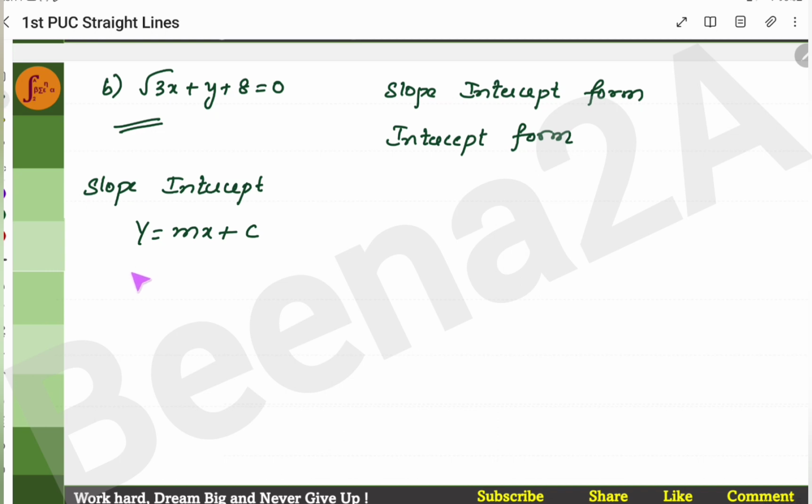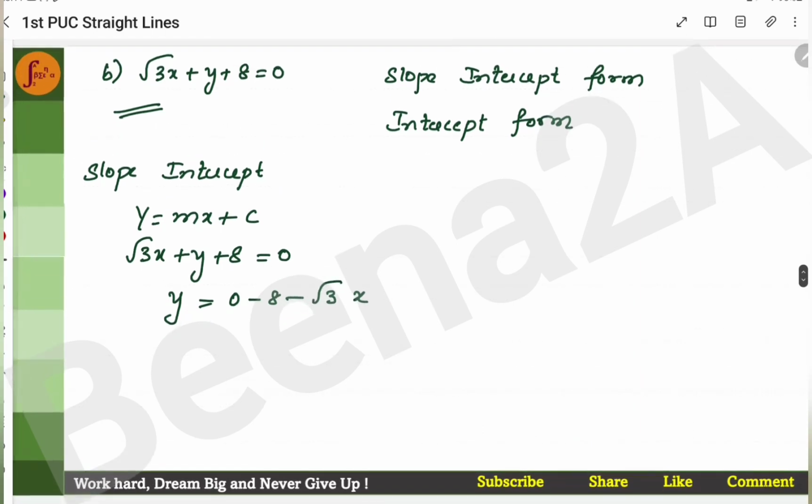So we have the equation root 3x plus y plus 8 is equal to 0. So we'll shift everything to the other side. 0 minus 8 minus root 3x, nothing but minus 8 minus root 3x. So y is equal to, let me rearrange the terms, minus root 3x minus 8.